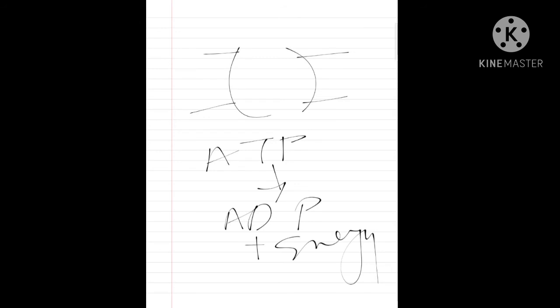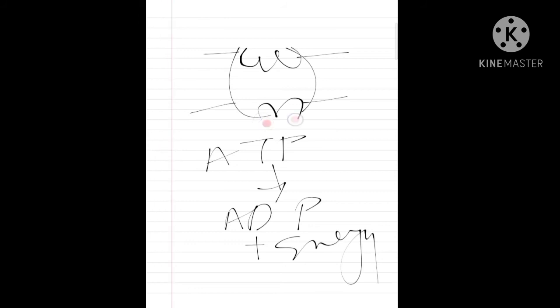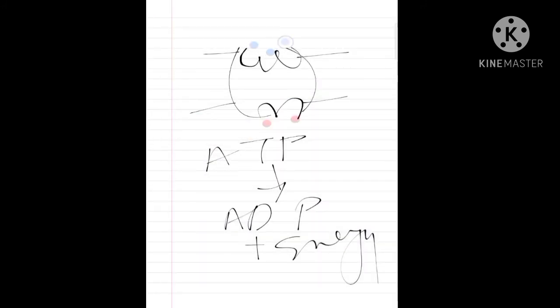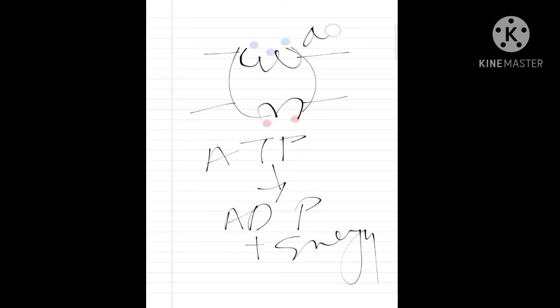The sodium binding sites present inside go outside, and the potassium binding sites that were present outside come inside. These binding sites bring along with them the ions, that is potassium and sodium. So the net movement of ions is that sodium goes outside and potassium comes inside.